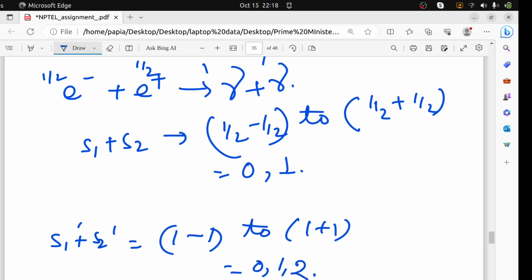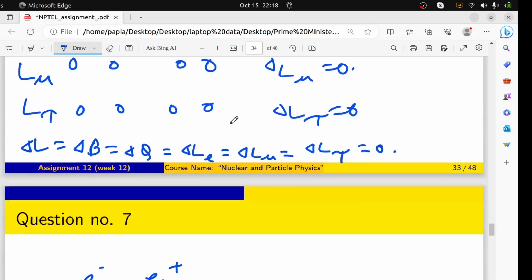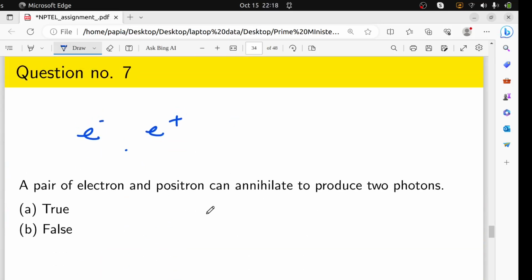Now you can see that the spin is conjugate here, and energetically this is also possible. e plus e minus can also produce mu plus mu minus. So option A, which is true, is the correct one.